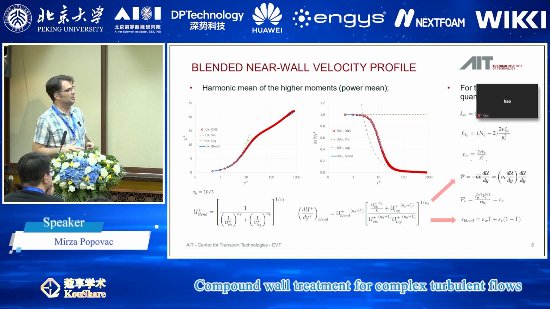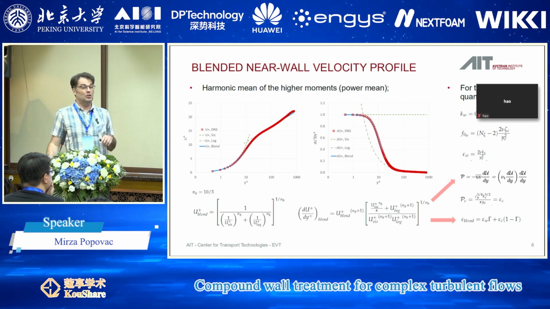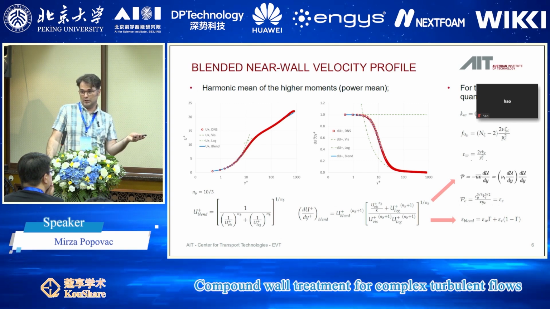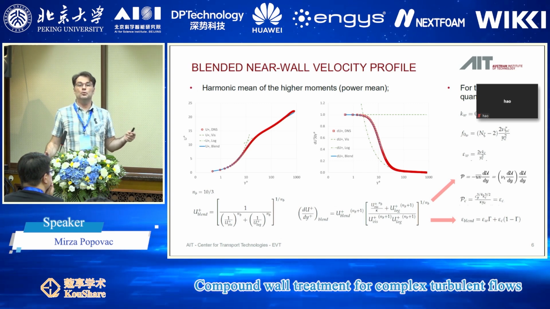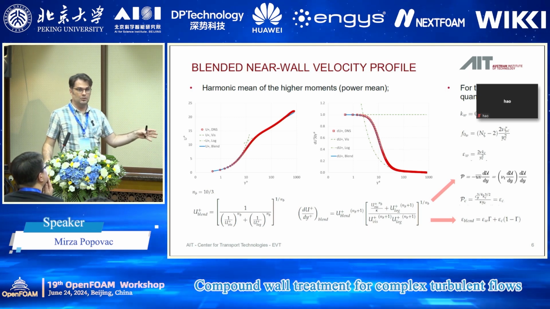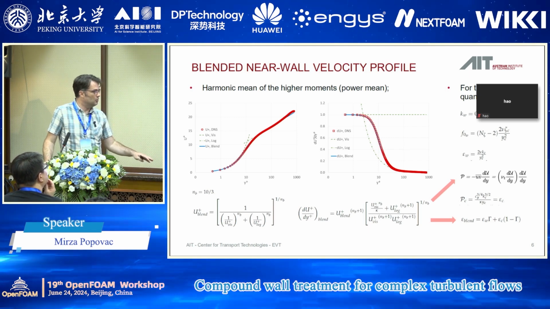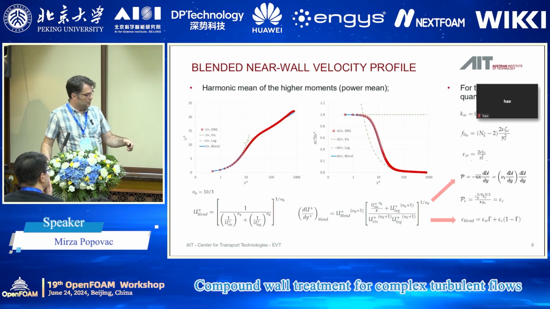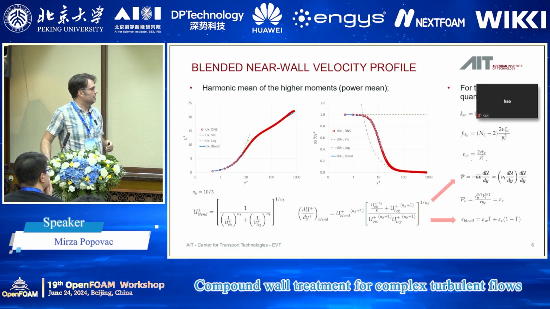So compound wall treatment, a little bit on terminology, is not a replacement for a wall function. It's unifying both approaches regardless of the mesh. If you are close enough, it boils down to the viscous one.